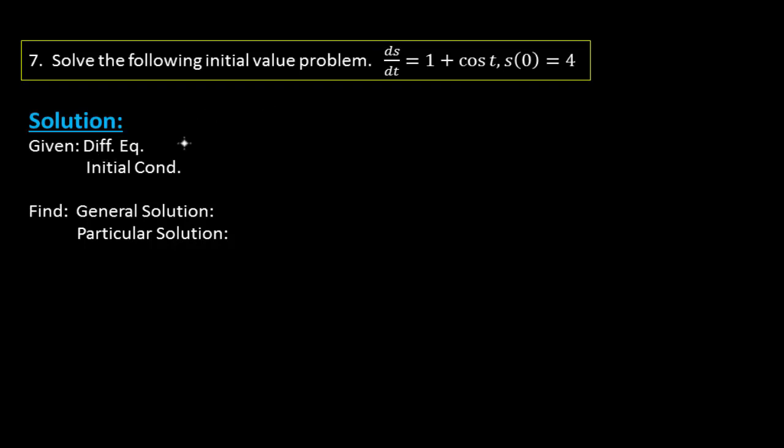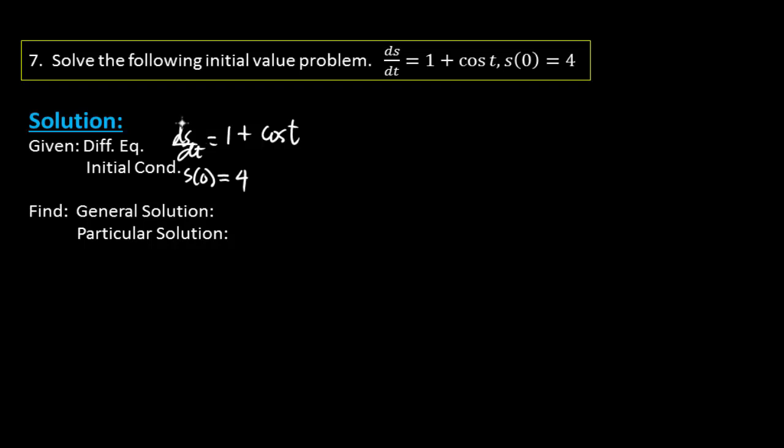Our differential equation, ds by dt, is equal to 1 plus cosine of t. And what's your initial condition? S at 0 is equal to 4. So what we'll do is take the antiderivative of both sides. Really, that's what you're doing.